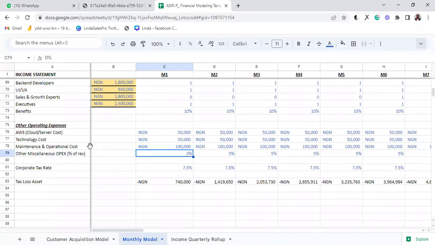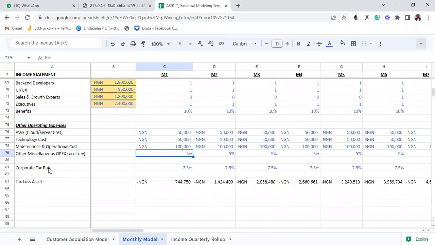So if you put 5 here, you will be spending 5% of anything you generate as revenue. If your revenue is 100,000 for that month, 5%, which is 5,000 naira, moves into miscellaneous. If you don't need it, just leave it at 0.